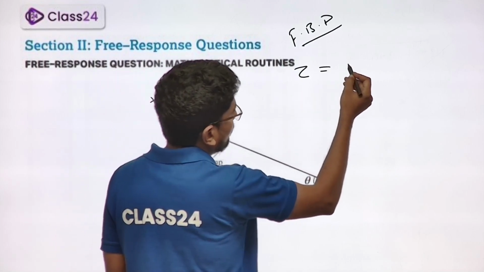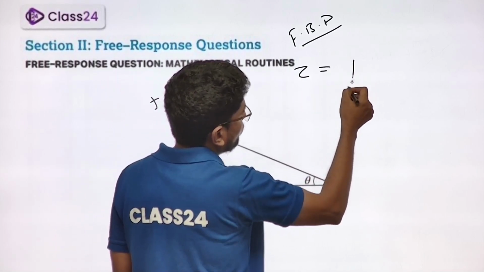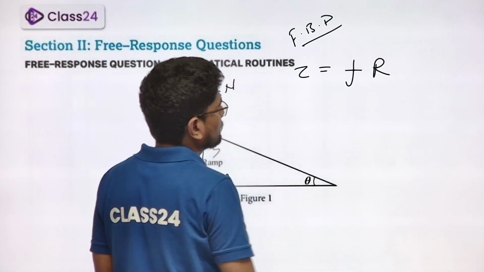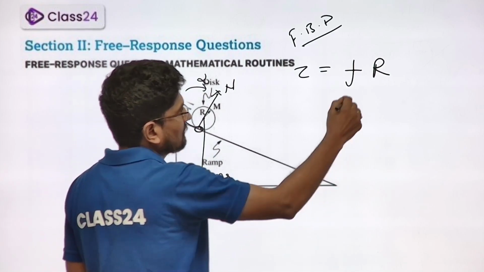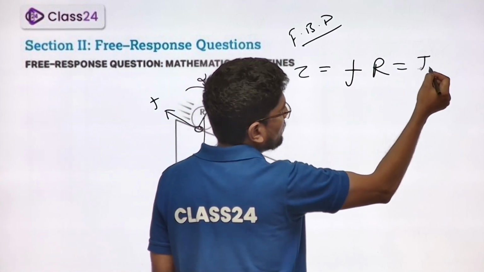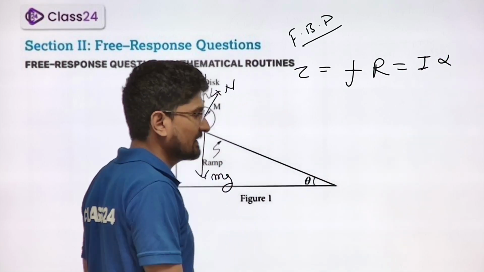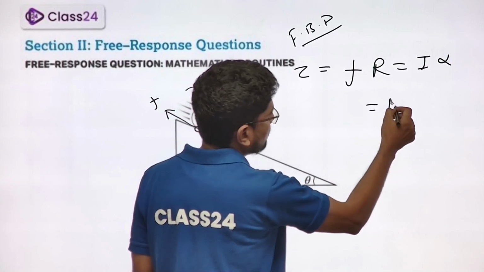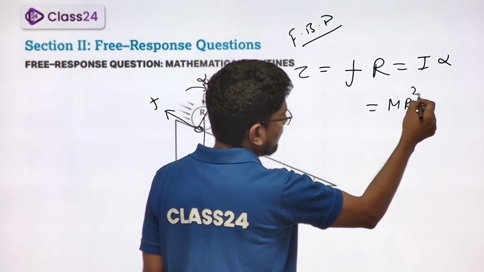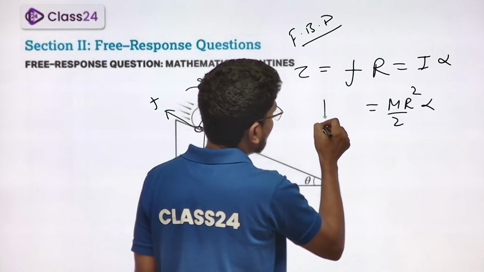We can write the torque equal to friction force times the perpendicular distance, the radius of the disk. Torque is also equal to moment of inertia times angular acceleration, I alpha, where alpha is the angular acceleration, and the moment of inertia given in the question is mr squared by 2, into alpha.